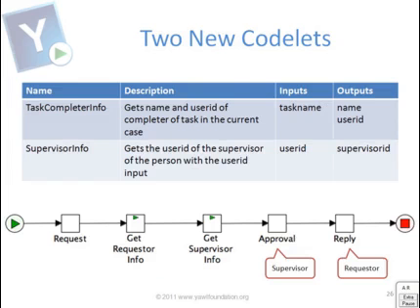So in this example, leave request, the participant on the left makes a leave request. Auto task gets their name and user ID, and then the get supervisor info gets the ID of the supervisor of that person.